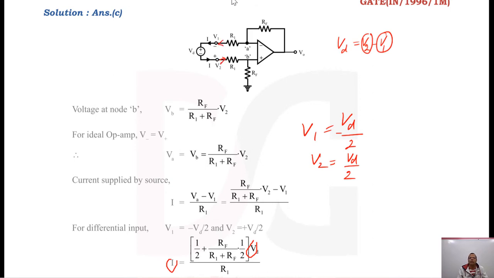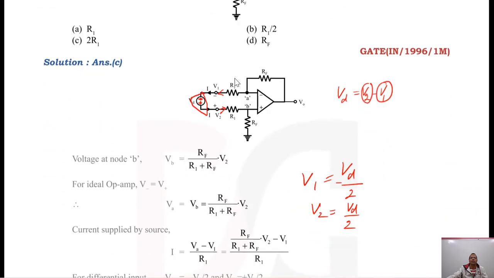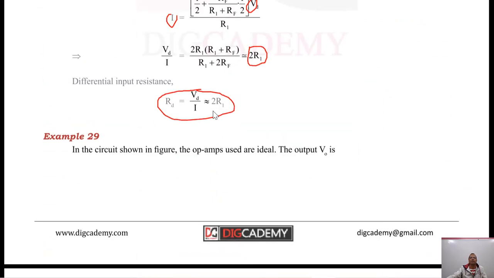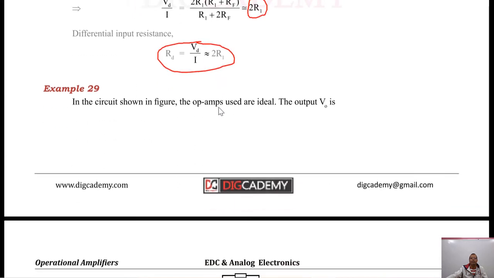So there will be little change in this polarity. So this should be minus, this should be plus. So that was the polarity which was creating that confusion. So that is one correction in the solution of this question. Otherwise the expression of the differential input resistance is twice R1 only.